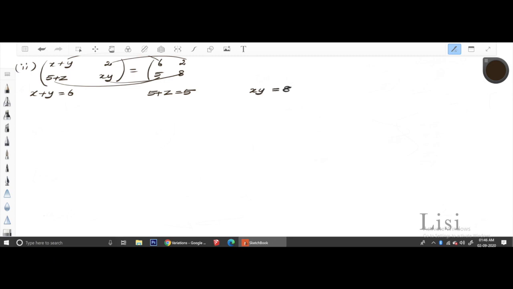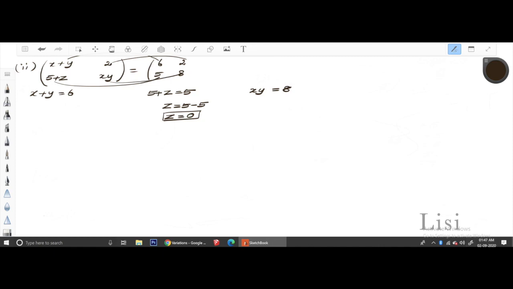And now this 5 plus z is equal to 5 has only one variable. So first we solve that. So z is equal to 5. When this 5 comes to the other side, it becomes minus 5. So here z is equal to 0. Okay.